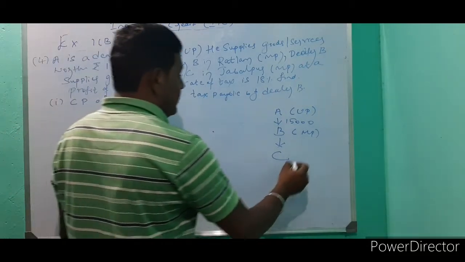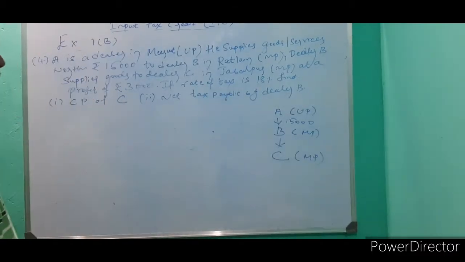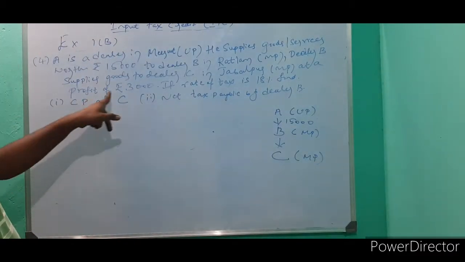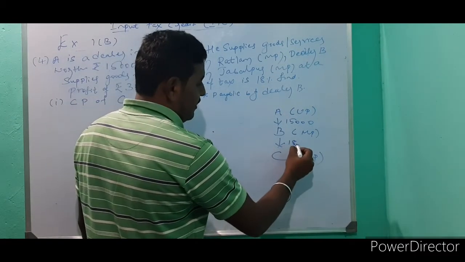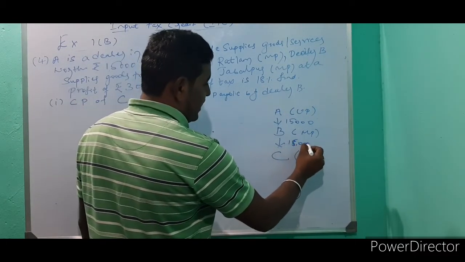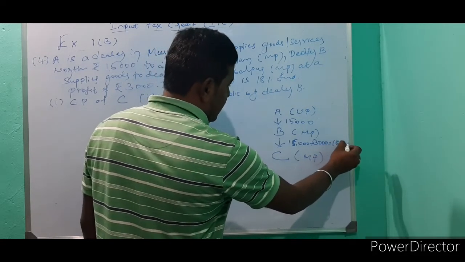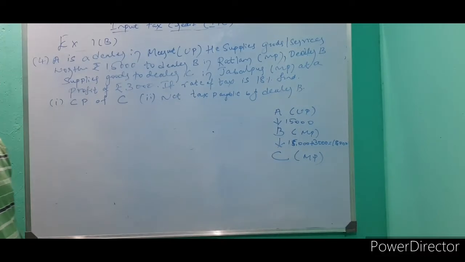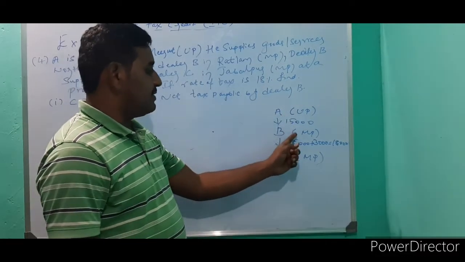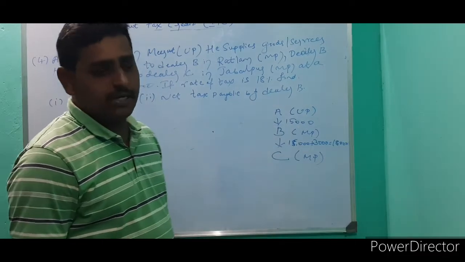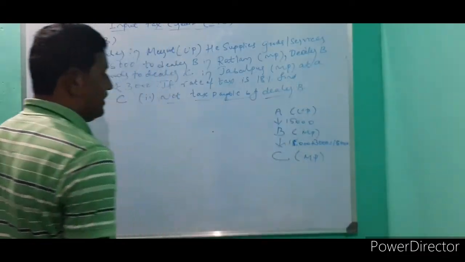Dealer C also belongs to MP, and B wants to make profit of 3,000. If you add 15,000 plus 3,000, this is 18,000, the selling price of B to C. What is the selling price of A to B? That is 15,000.